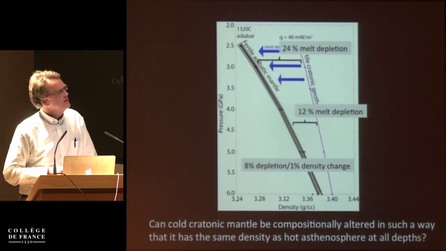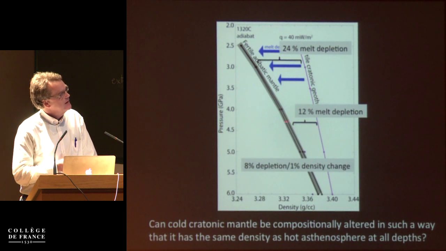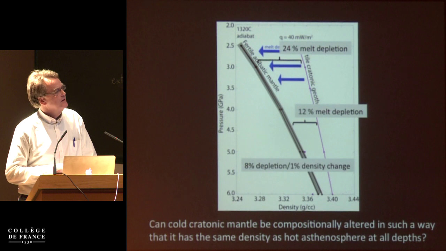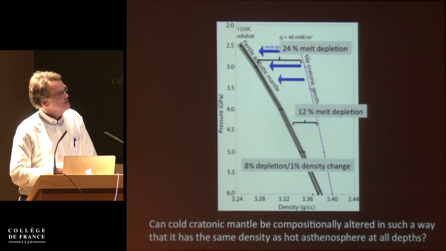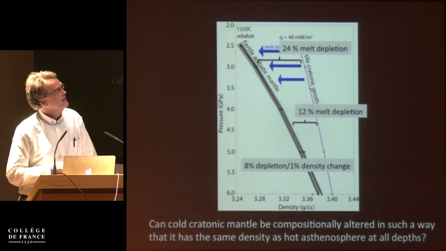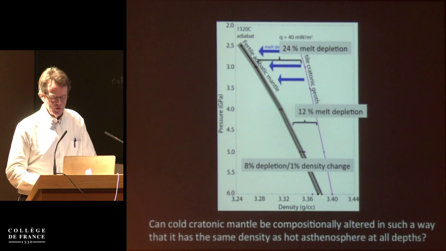So at this lower level right here, that's associated with a 1.5% density change, and that would require melting on the order of 12%. And up here, a 3% change in density, say 24%.